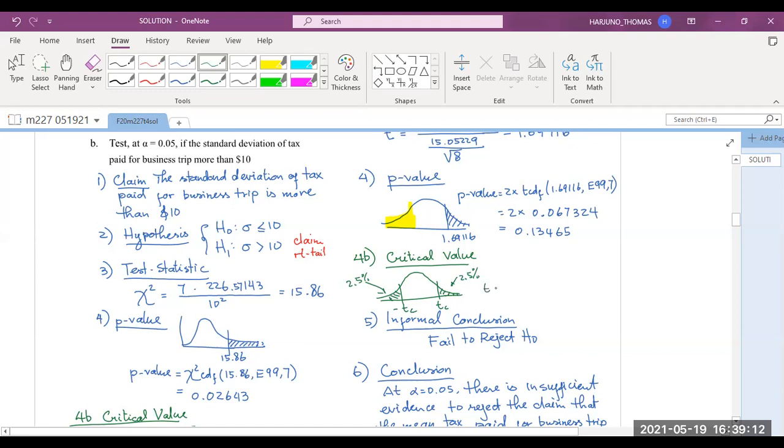So the t critical will be plus minus, don't forget. Find t, the area to the left, 0.975, degree of freedom 7.